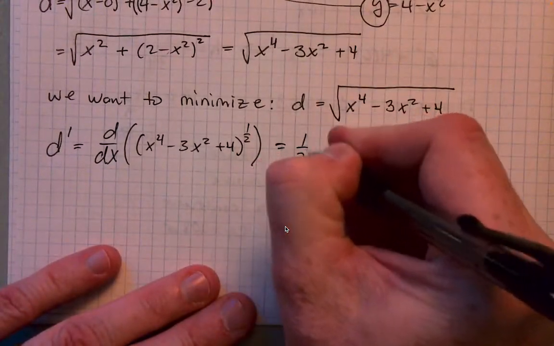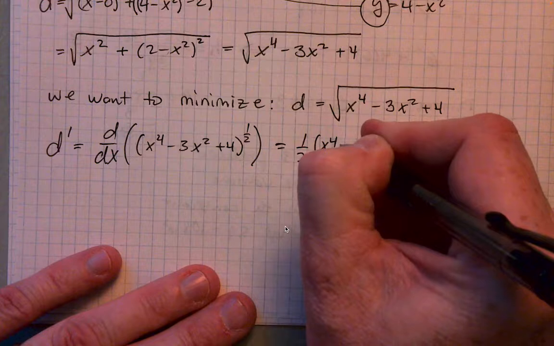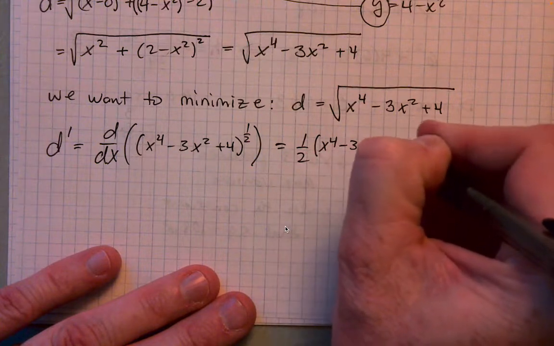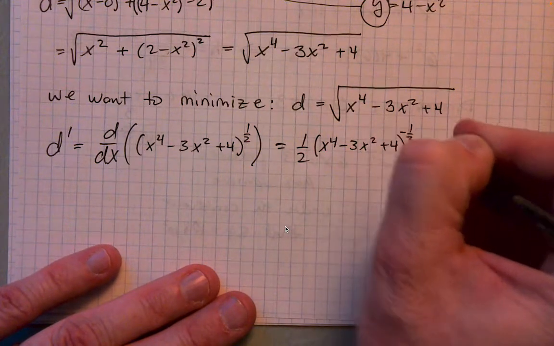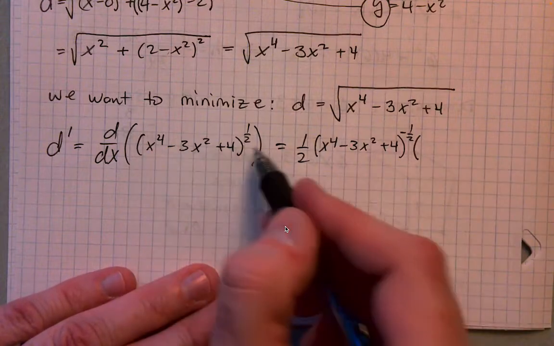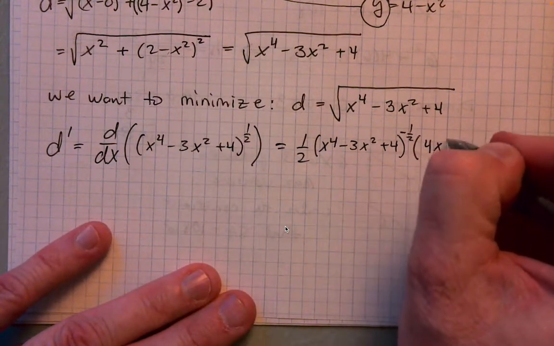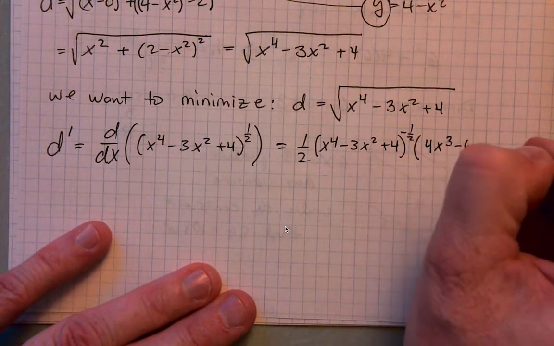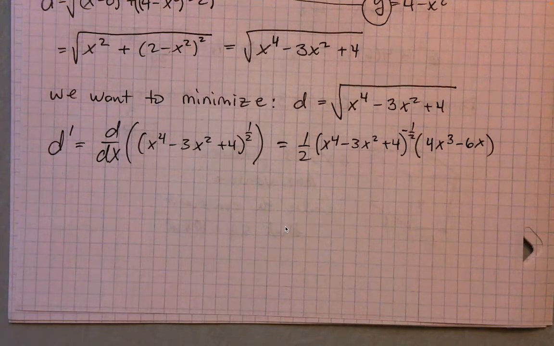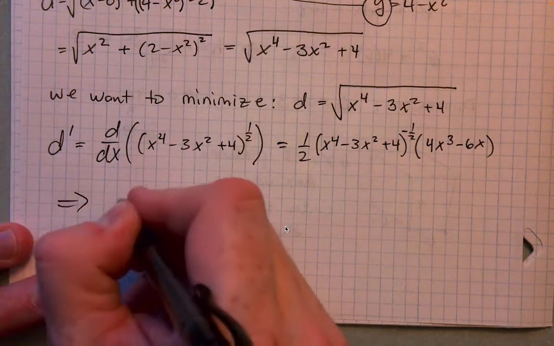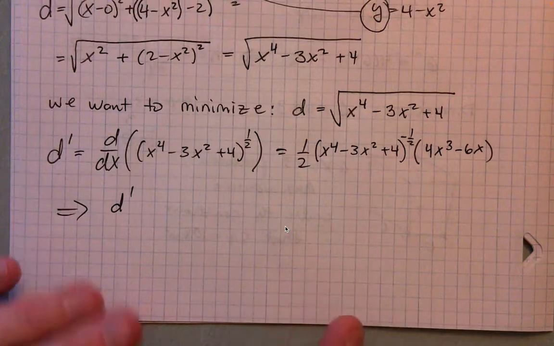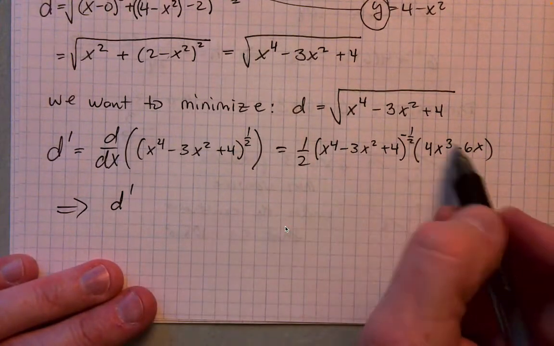So 1/2 times x to the 4th minus 3x squared plus 4, to the negative 1/2 power, and then times the derivative inside, which would be 4x cubed minus 6x. Looks like that. So let's clean this up a little bit.